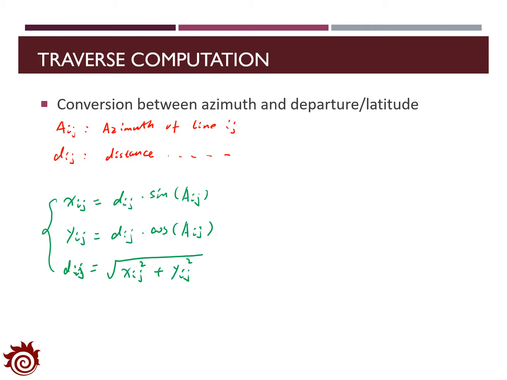Also, we are able to use the given coordinates and the departure to find out the coordinates of the other points in the line.